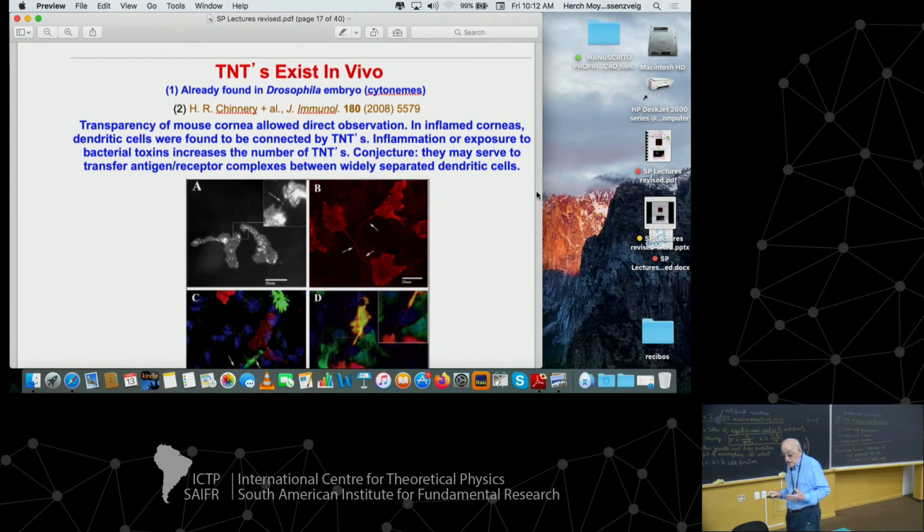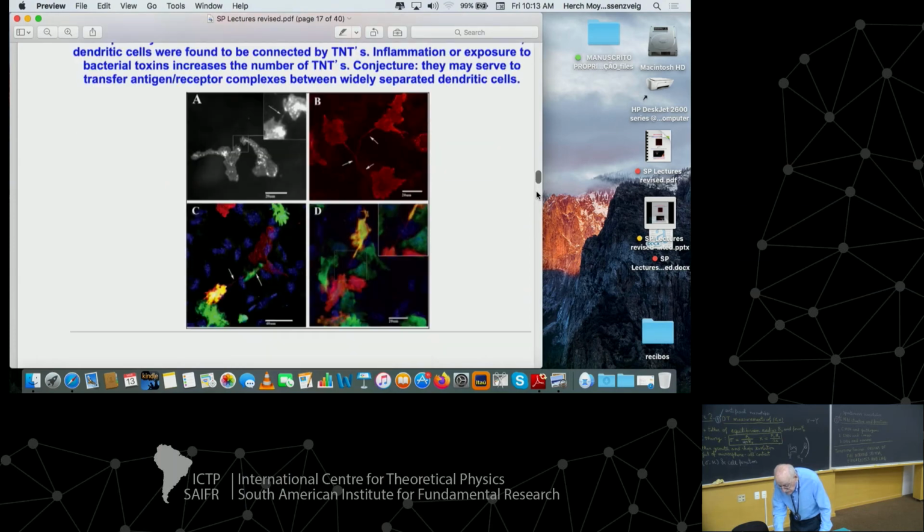In fact, the first place where this appeared were probably the earliest CMNs that were observed, which are very, very thin, which were called at the time cytonemes, and this was in Drosophila. But in this paper, the reference is here, they were seen in vivo.